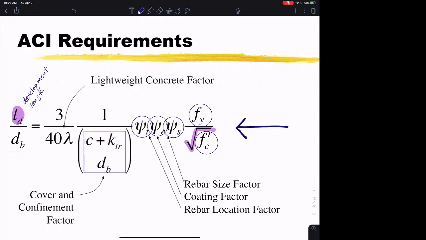And let me remind you again, anytime you see a square root of f'c in this class, and we're using English units, the f'c has to be in psi, which means that the fy has to be in psi. Okay, this is the development length equation. This video is getting a little long, so I'll stop here, and in the next video, we'll go over each of these factors in turn.